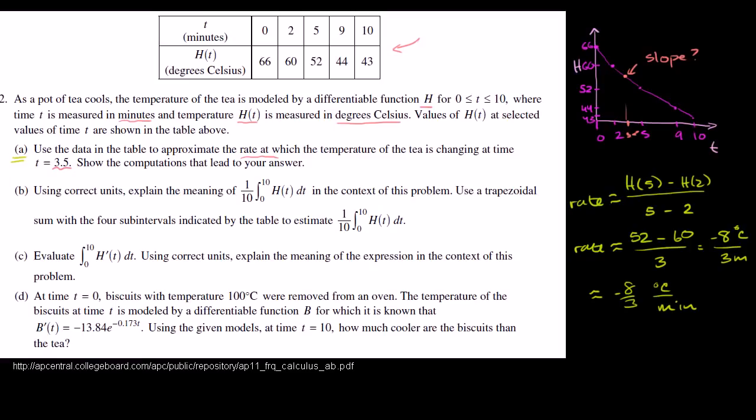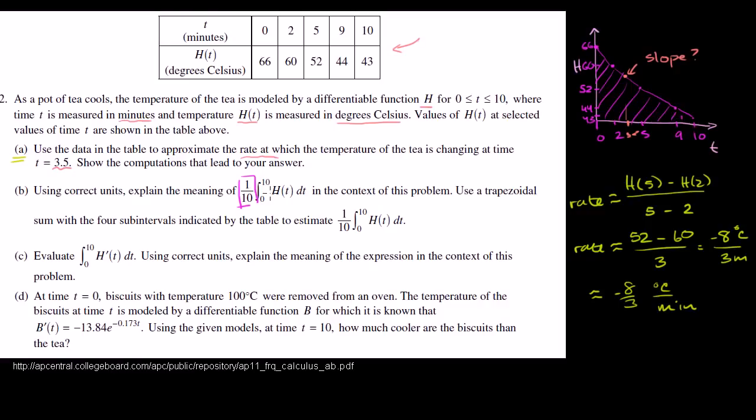And then part B. Using correct units, explain the meaning of 1/10 times the definite integral from 0 to 10 of h(t) dt in the context of this problem. Use a trapezoidal sum with the 4 subintervals indicated by the table to estimate this. The integral from 0 to 10 of h(t) is really the area under this curve right over here.